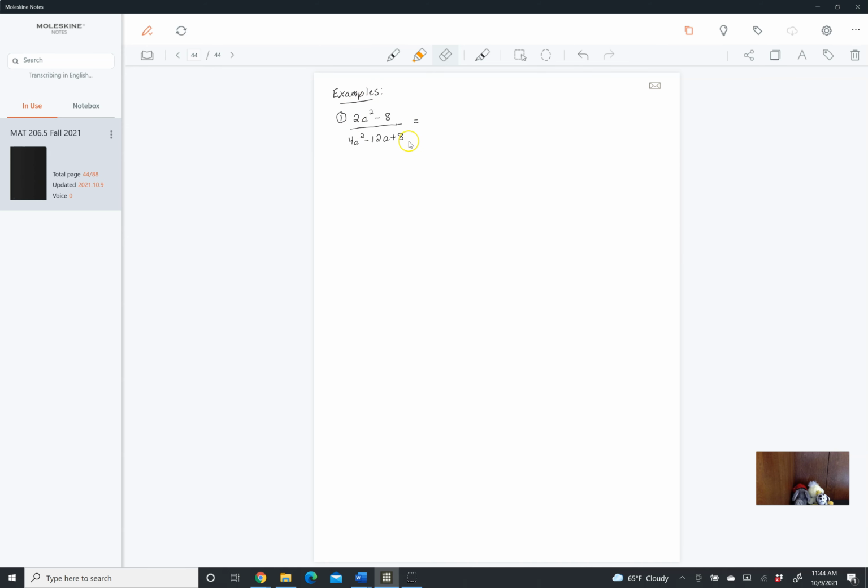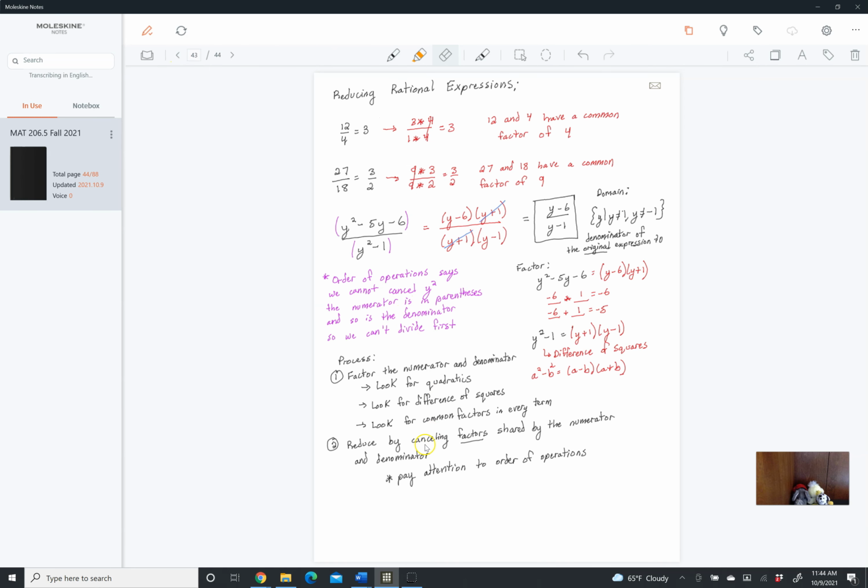You can start factoring at this point. And you can either factor this quadratic as is, where you try and factor 2a squared minus 8, or I would always, the very first thing that I would always do is this one. Look for common factor. Okay, so always try this first.